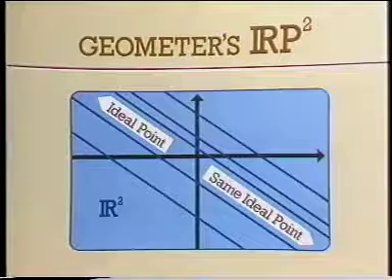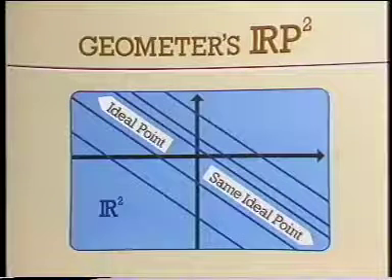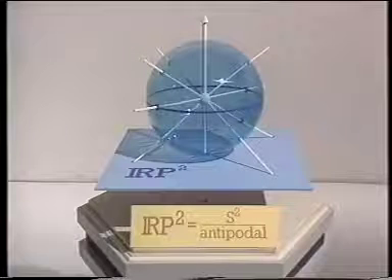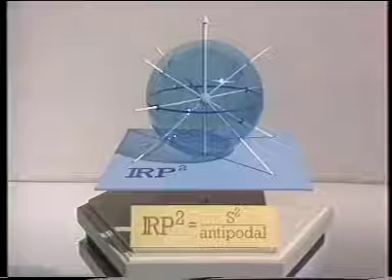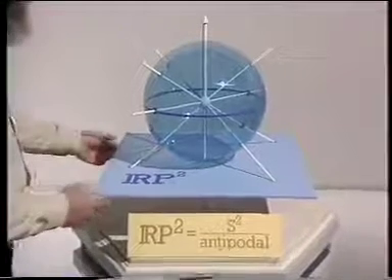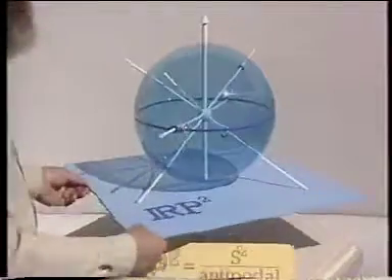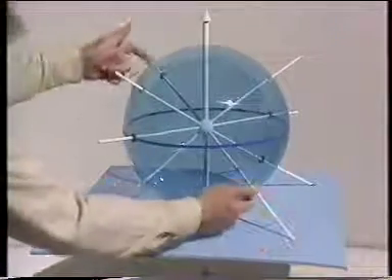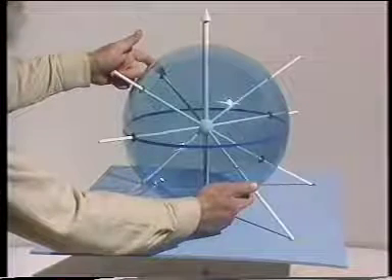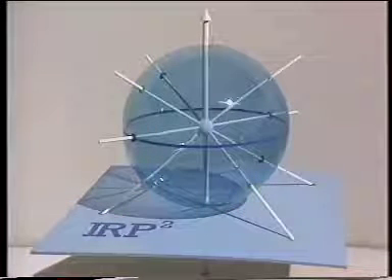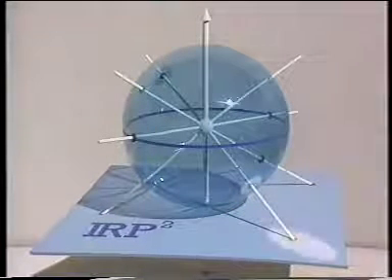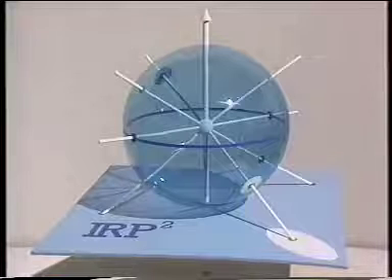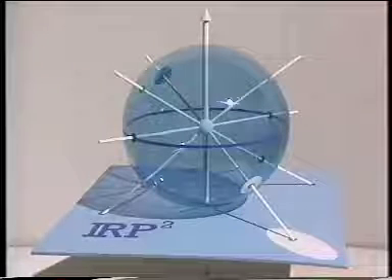In that same programme, we also showed a different model of the projective plane as the sphere S2 with antipodal points identified. That is, each point in RP2 is represented by a pair of identified points on the sphere. So a small patch on RP2 is represented by 2 identified patches on the sphere.